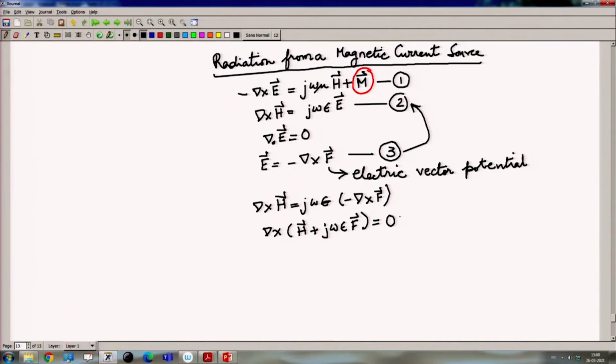Any vector which is free of curl is the gradient of some scalar. So, H plus j omega epsilon F becomes equal to minus grad of phi m, where phi m is the magnetic scalar potential.